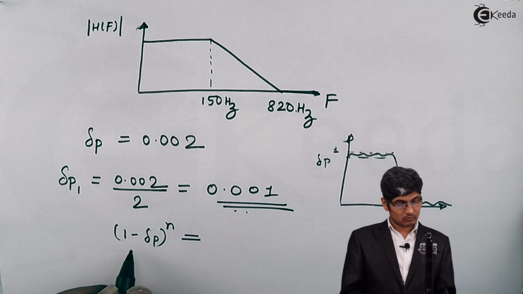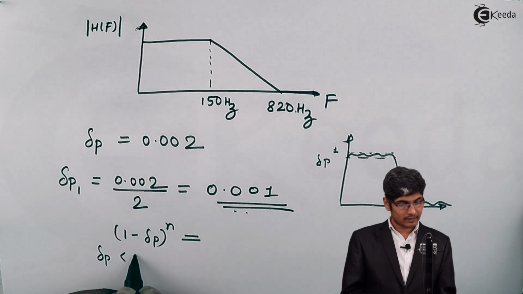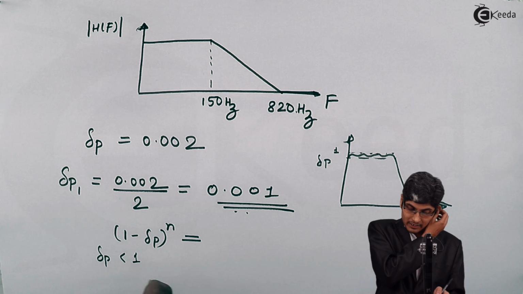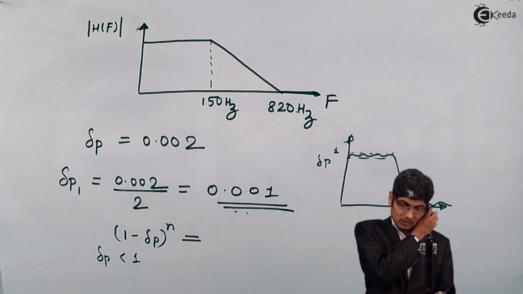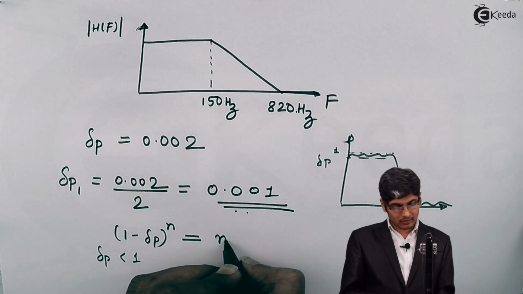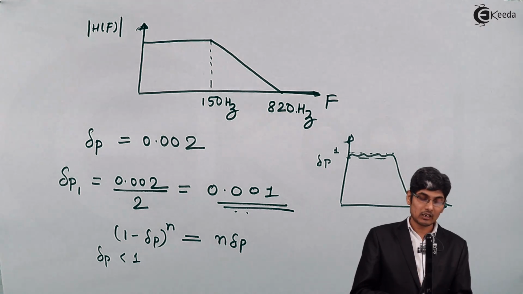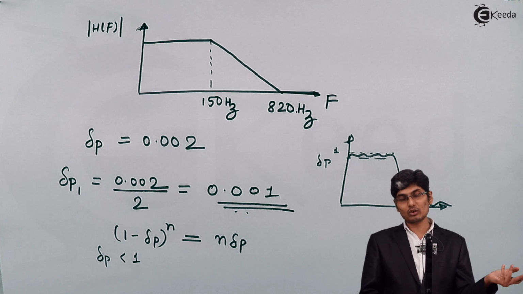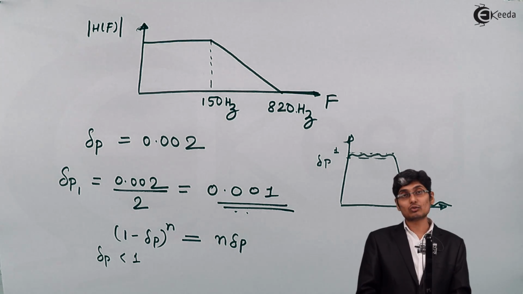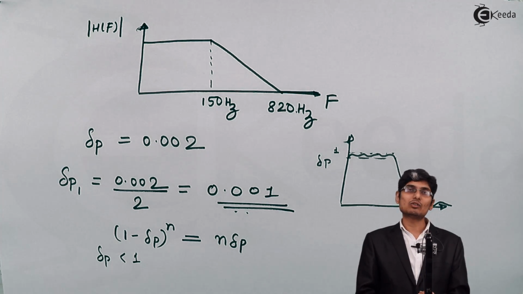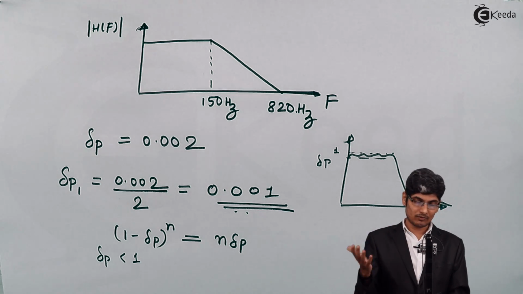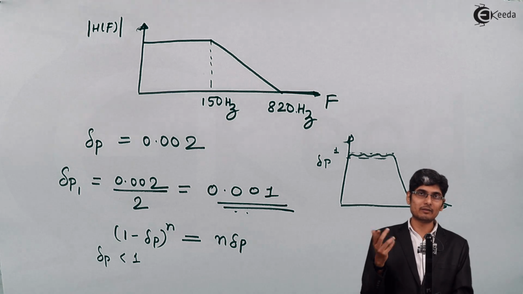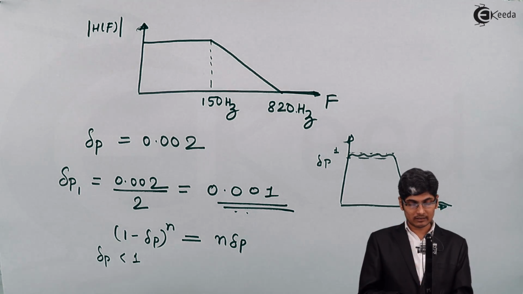Because delta P is less than 1, I will expand it using binomial expansion, and I am going to get this equivalently as n times delta P. If you expand this, there will be higher terms, but because delta P is fractional, the higher order terms will be very, very small and insignificant, so we can neglect them. So ultimately what really matters is this.